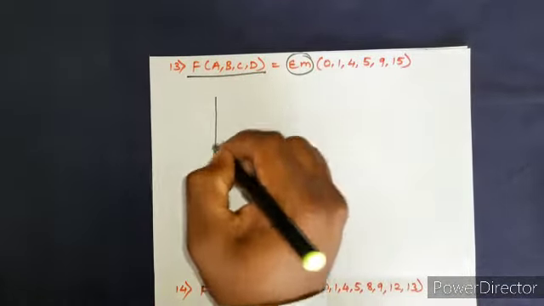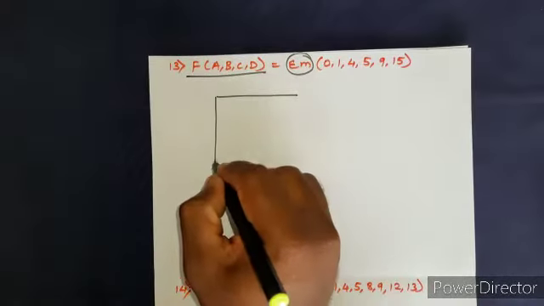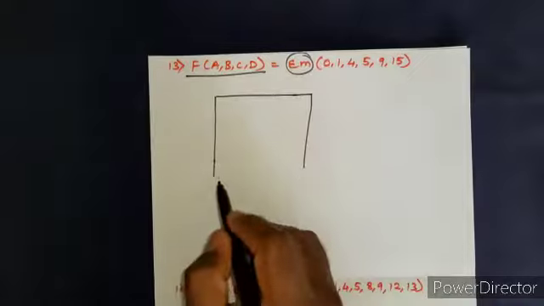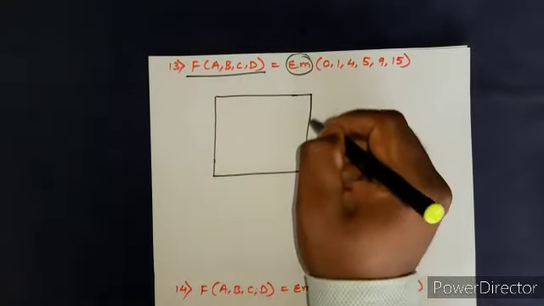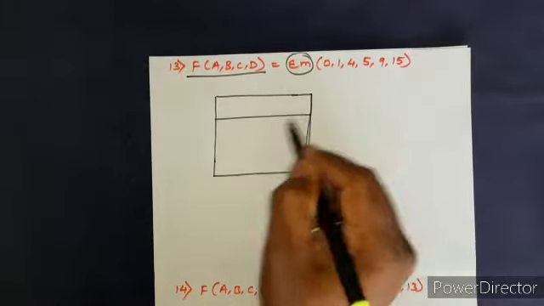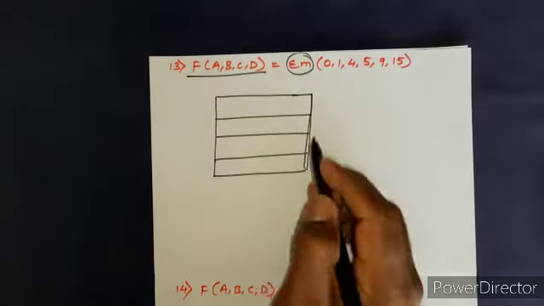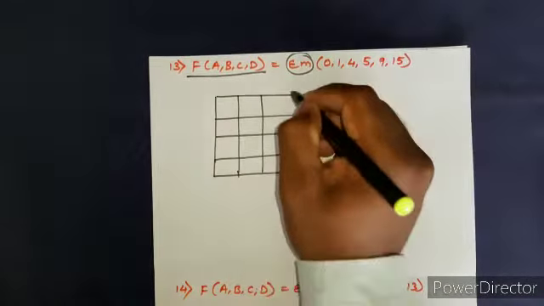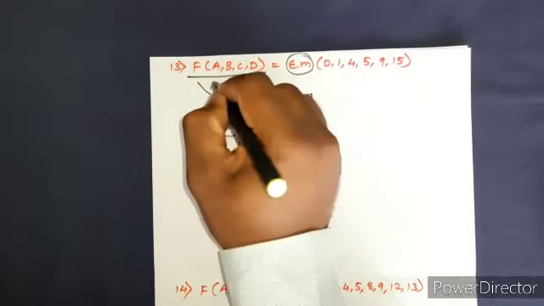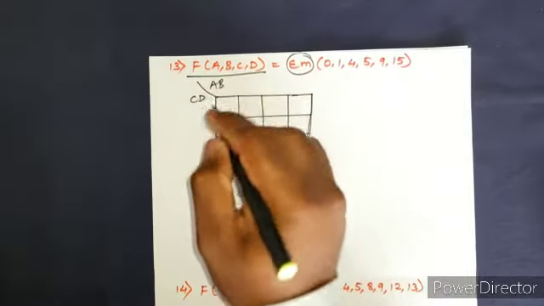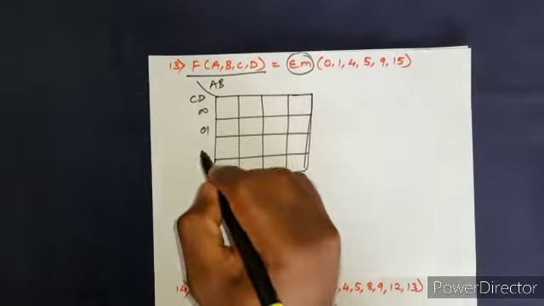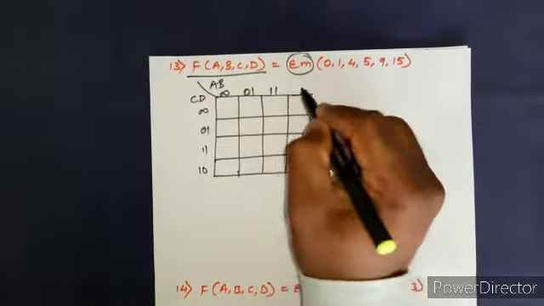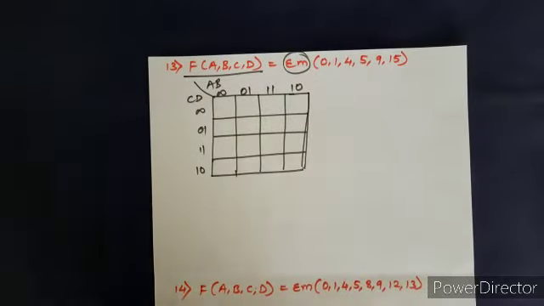So quickly draw this. This is A, B, C, D, 0, 0, 0, 1, 1, 1, 1, 0, 0, 0, 0, 1, 1, 1, 1, 0.